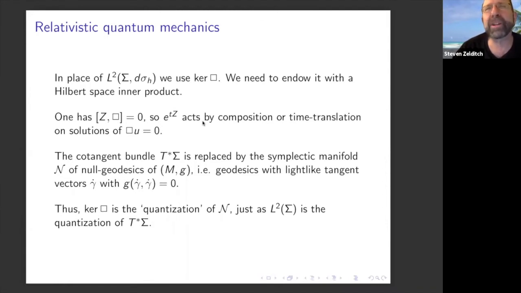In some sense, geometric quantization tells you that to every symplectic manifold, there is a Hilbert space. Here, the symplectic manifold is the space of null geodesics. The natural Hilbert space associated to null geodesics are null solutions of the wave equation. Despite the fact that I find this completely obvious, we haven't been very successful in tracking down this interpretation in the physics literature. The closest thing we come to is the articles of Penrose, but they have not been followed up, even though he wrote them in the 60s.